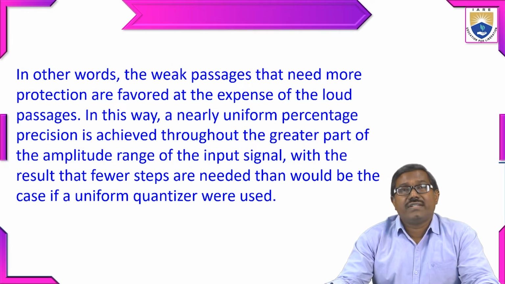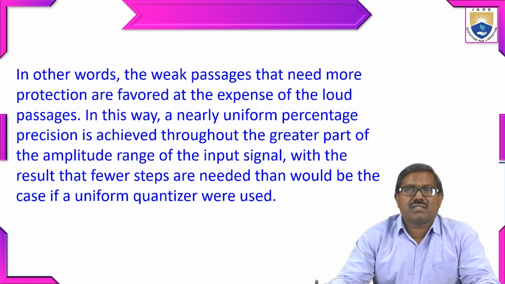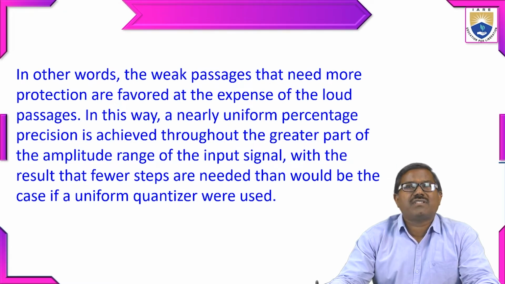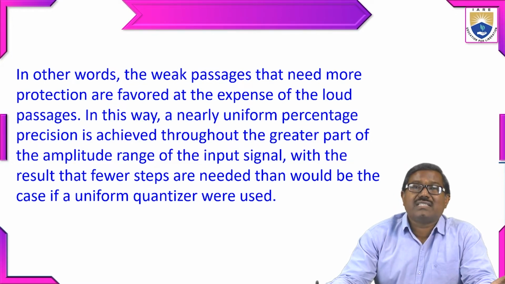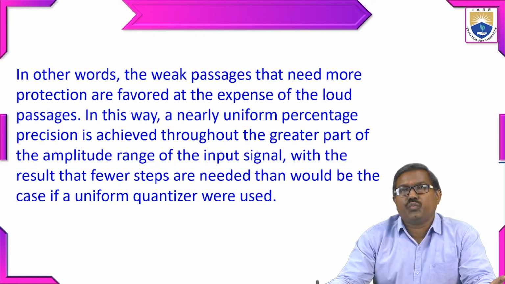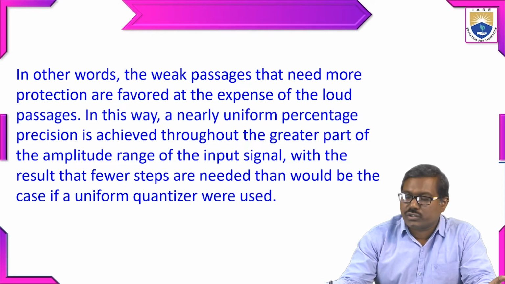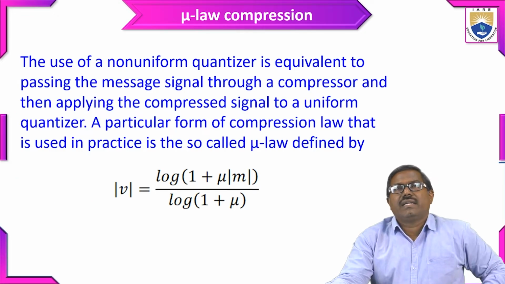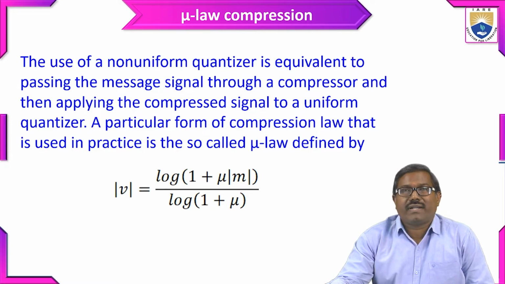Already discussed, weak passages need more protection, favored at the expense of the loud passages. In this way, a nearly uniform percentage precision is achieved throughout the greater part of the amplitude range of the input signal, with the result that fewer steps are needed than if a uniform quantizer were used. That's why I use a non-uniform quantizer.